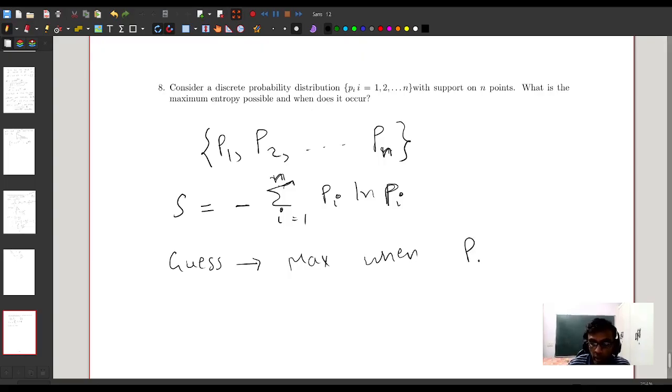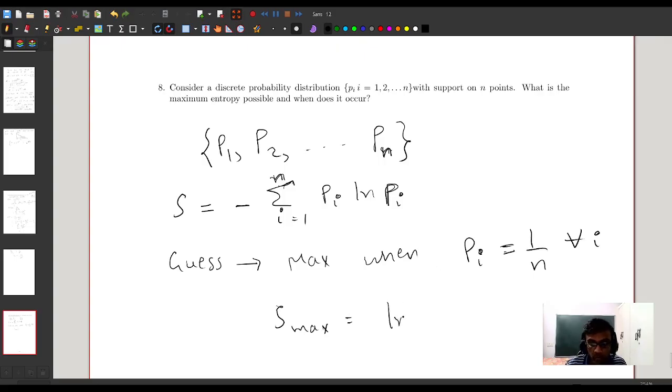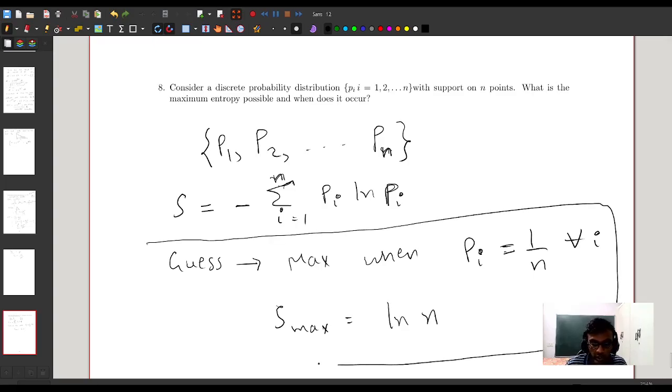It is maximum when p_i are all equal to 1 by n, and in this case the entropy would be ln n. This guess in fact is correct, and let us try to prove that.